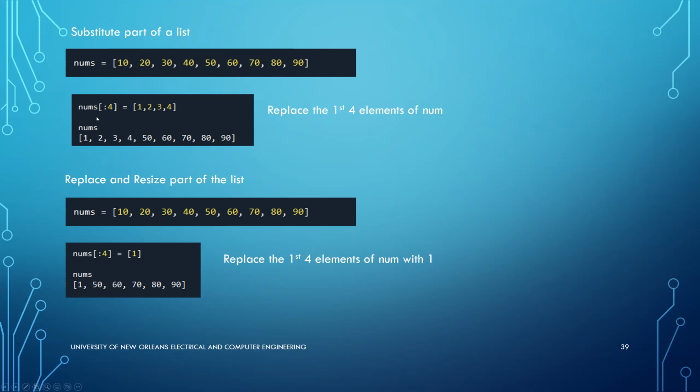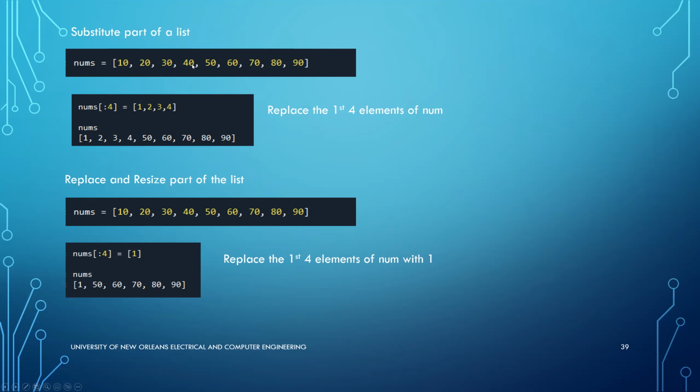So I'm taking the numbers in nums from index 0 to the stop index. In this case, the stop index is 4. So I'm going to go 0, 1, 2, 3, 4, right?